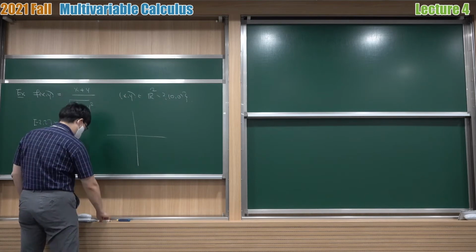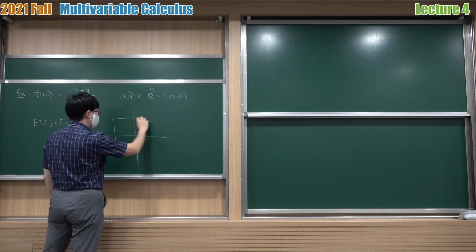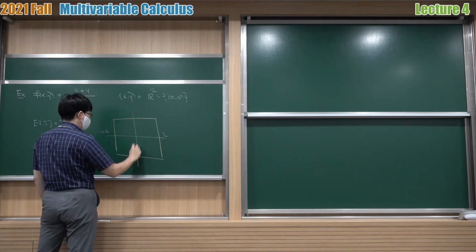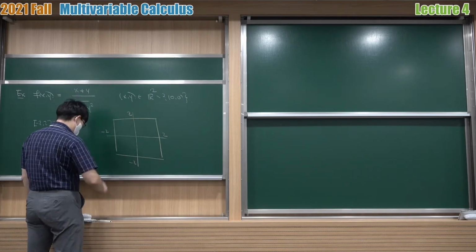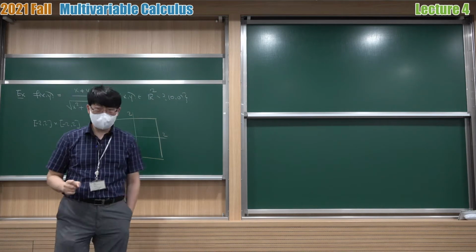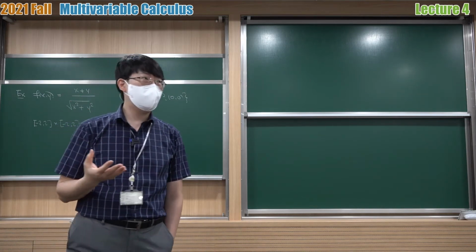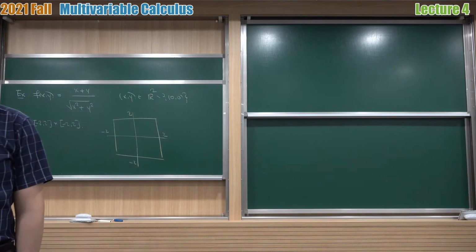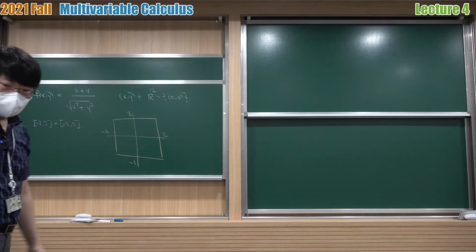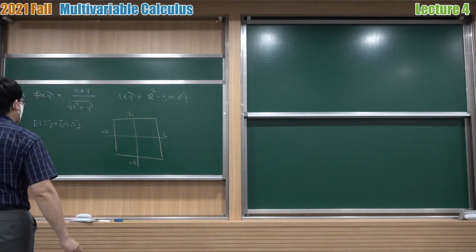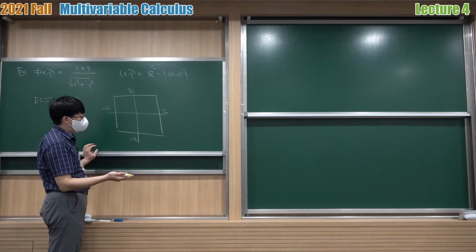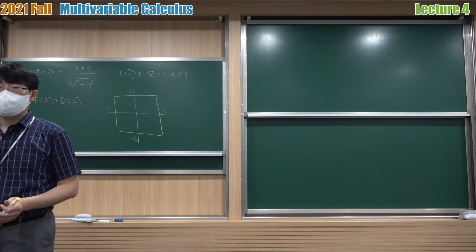So here's our box from -2 to 2. And how many subdivisions did we have? Okay, so we had n subdivisions. For example, how many did we have?